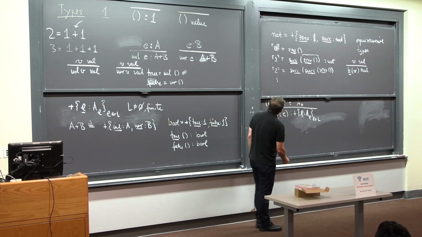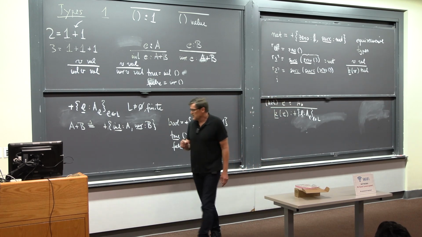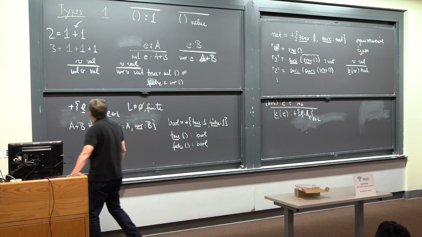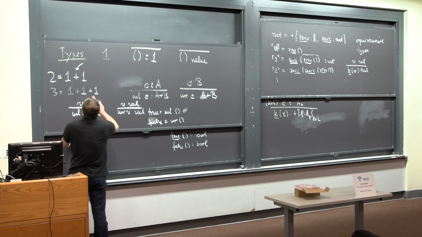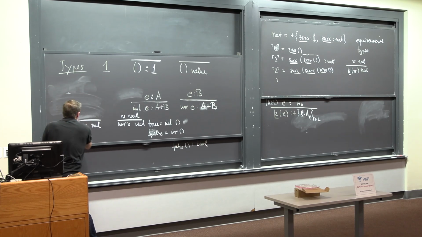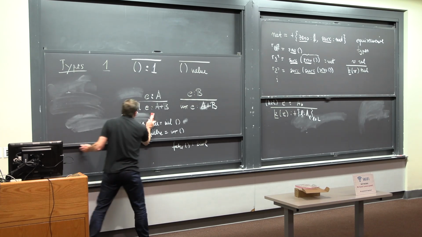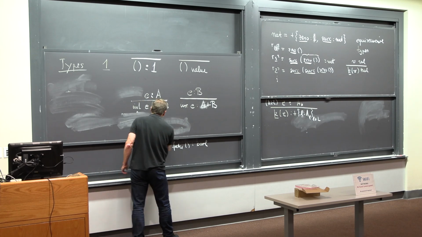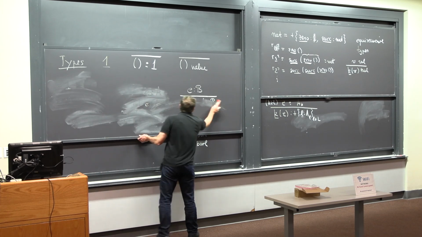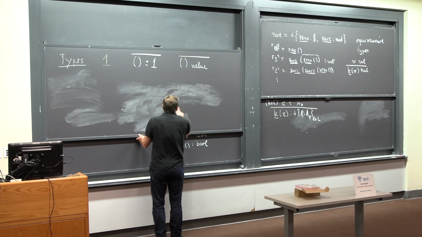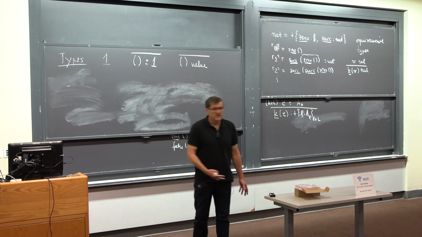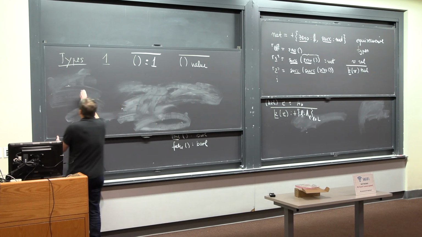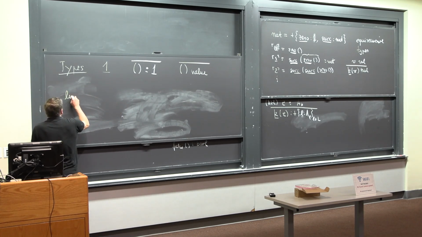Let's do one more interesting type, one more constructor. Let's get rid of these because these are now obsolete. I want to do lists of natural numbers, another perfectly respectable type. So what's a list?